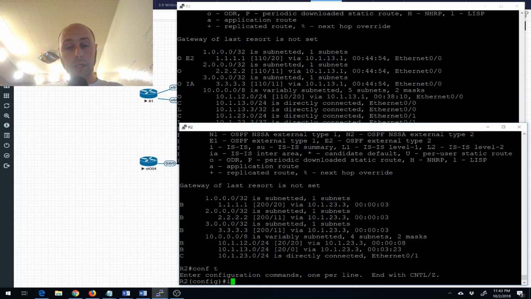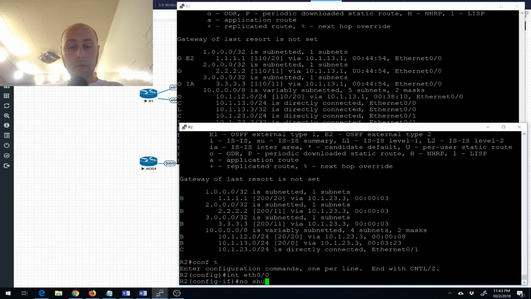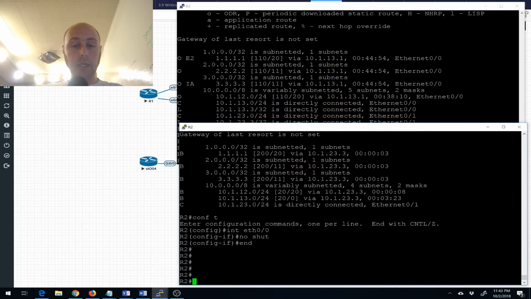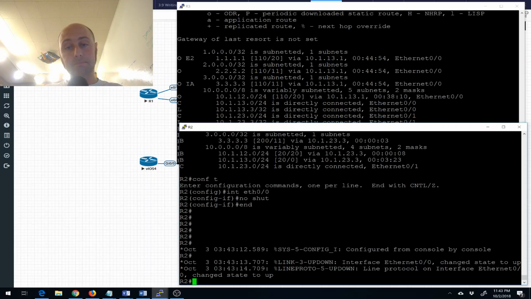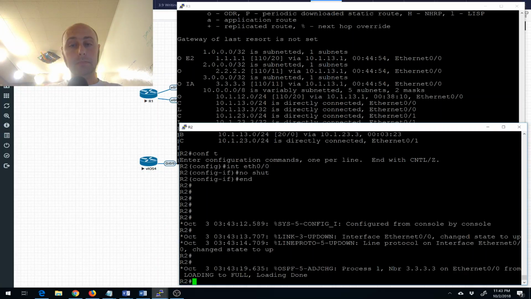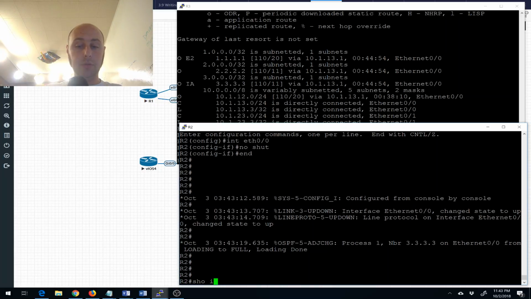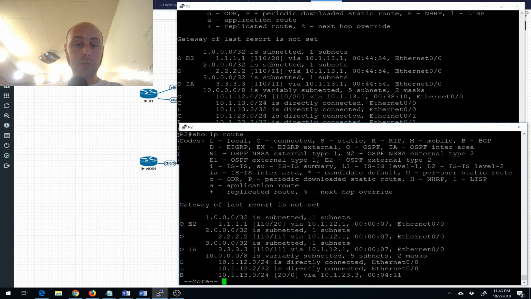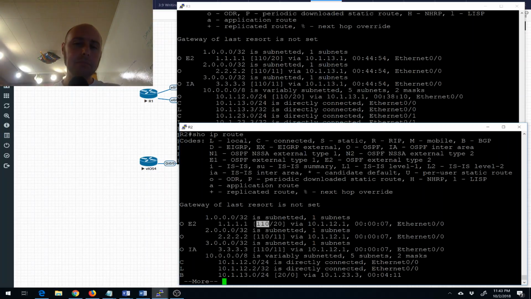So now if we no shut and that adjacency comes back up, loading to full, show IP route, the OSPF routes are back in with a better administrative distance of 110. So that sort of wraps up the lab.